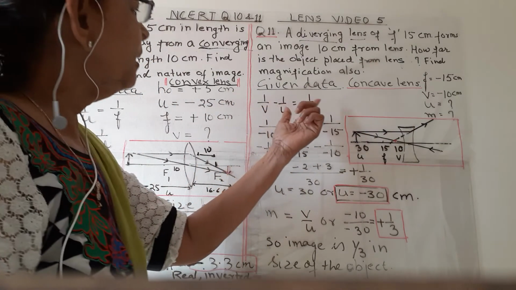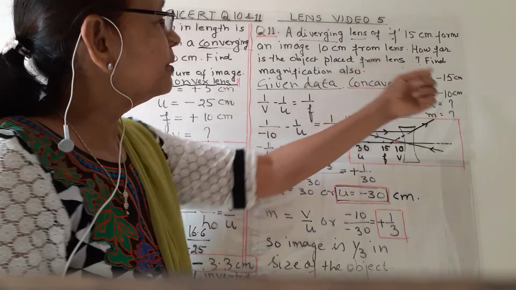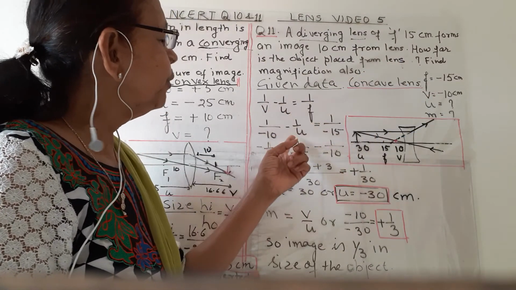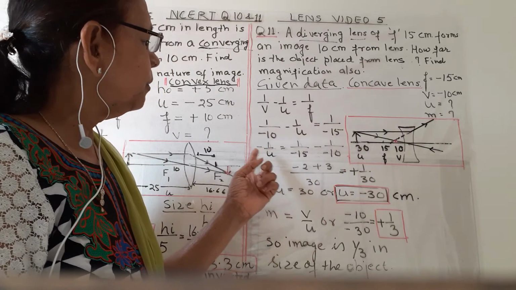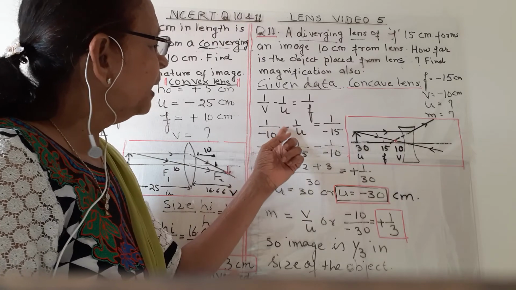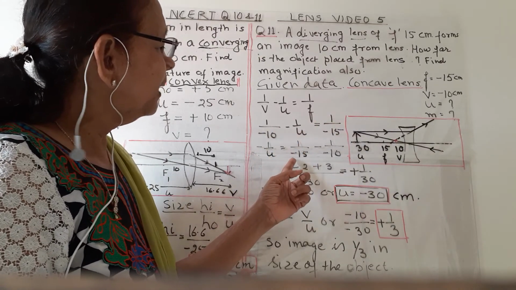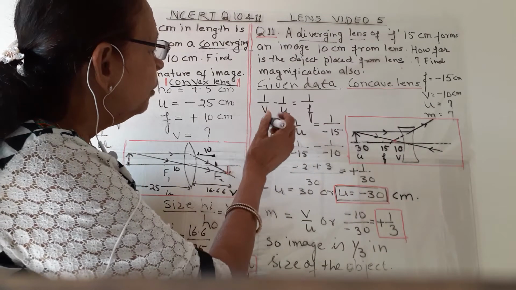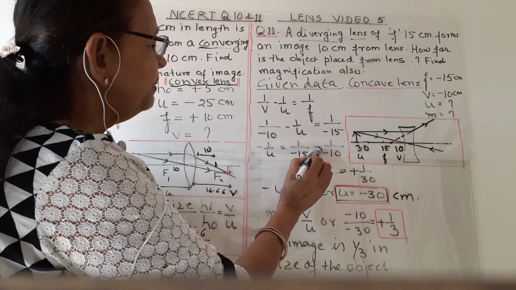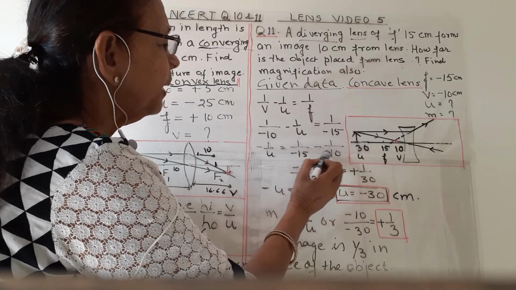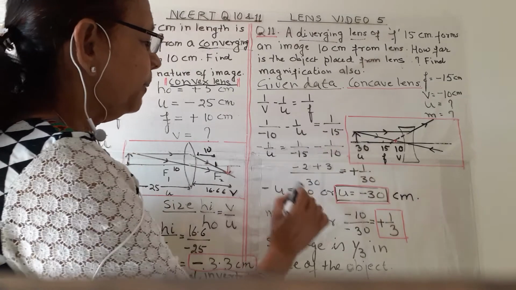Now this is the formula. You know the lens formula. We put the values: 1 by minus 10 minus 1 by u, where u is to be calculated, and f is minus 15. So minus 1 by u is equal to 1 by minus 15. This whole fraction comes on the right hand side, so the sign will be changed: minus 1 by minus 10, this minus is cut and this will be a plus.